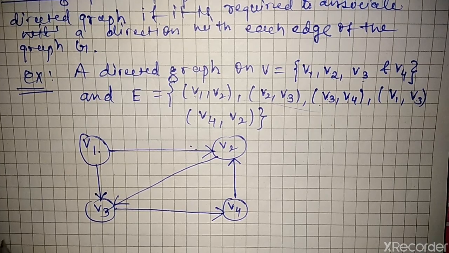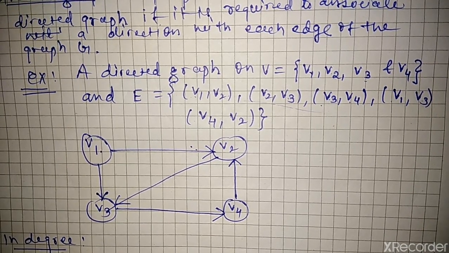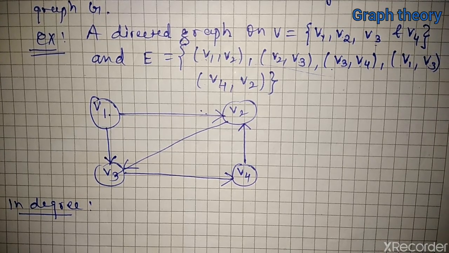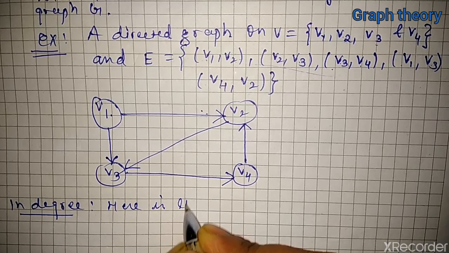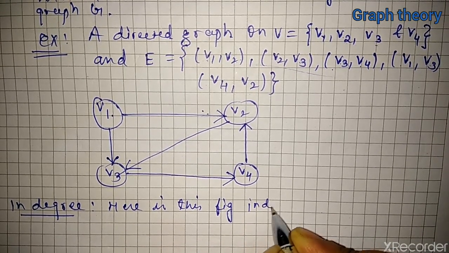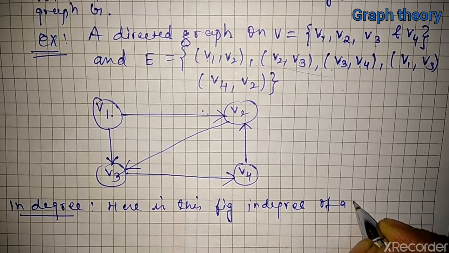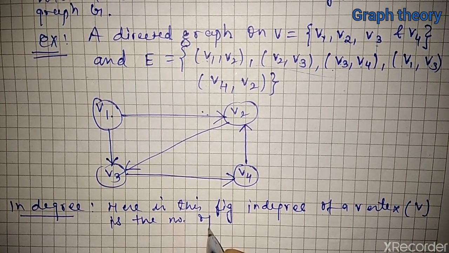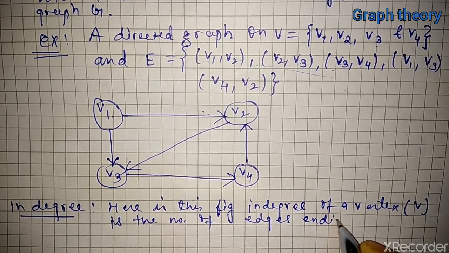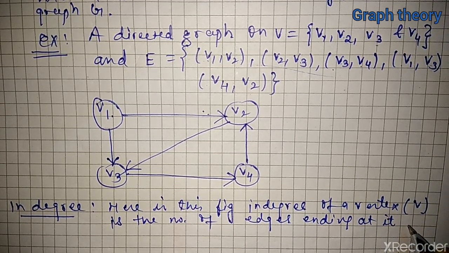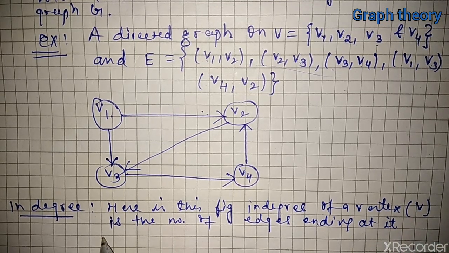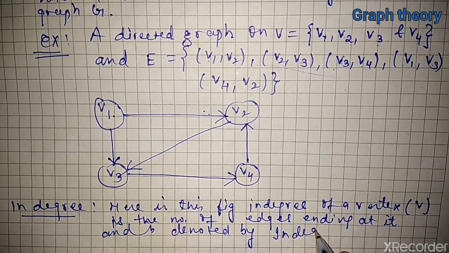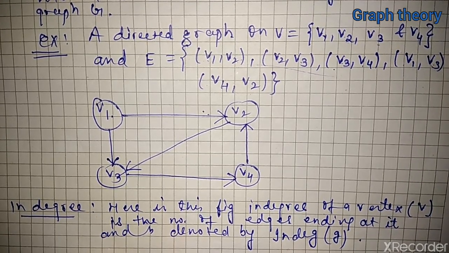The in degree of a vertex V in a graph G is the number of edges ending at it, and is denoted by indeg(G).